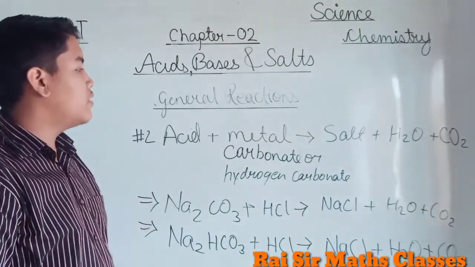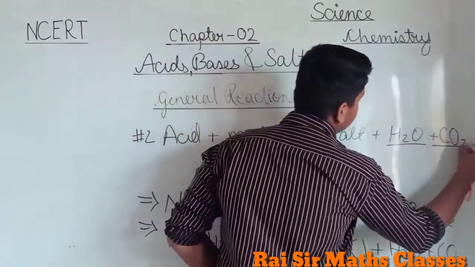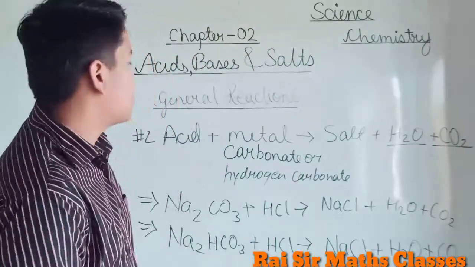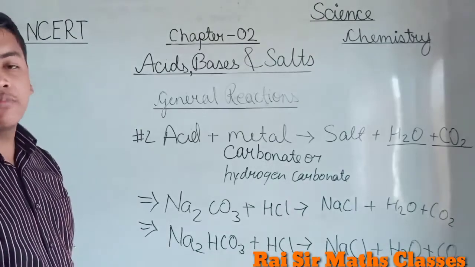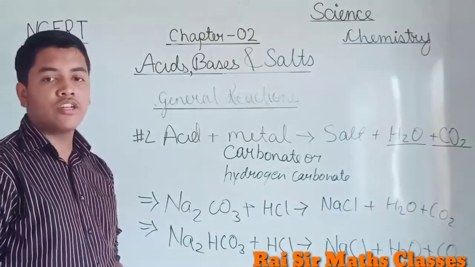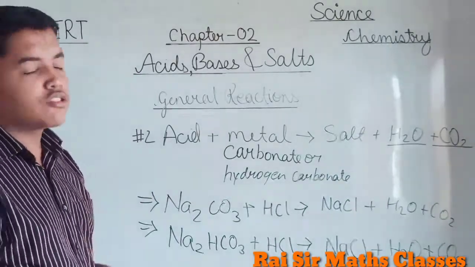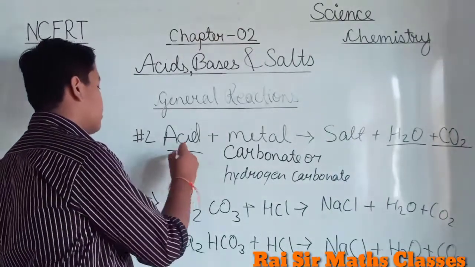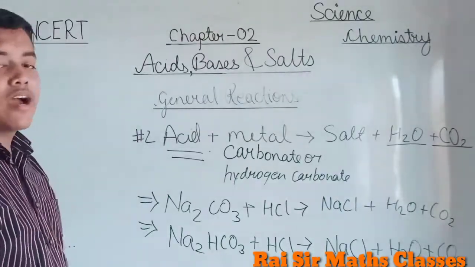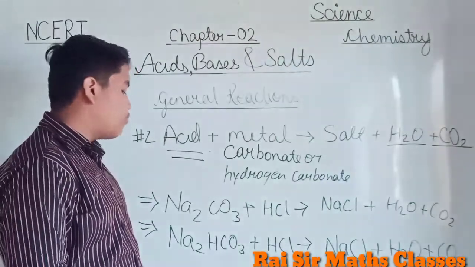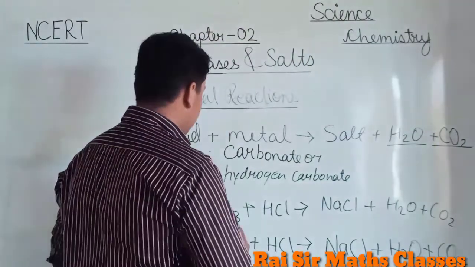In the previous reaction we saw salt plus hydrogen gas. In this one, two other things, water and carbon dioxide, are released. So when water and carbon dioxide are released in any chemical reaction, you can say that the metal carbonate or metal hydrogen carbonate has reacted with the acid. Sodium carbonate and sodium hydrogen carbonate give the same product.